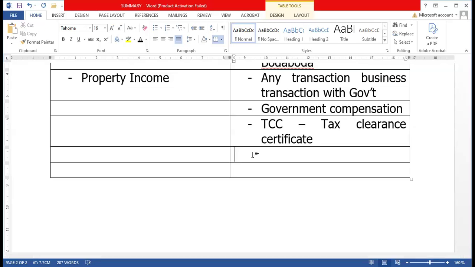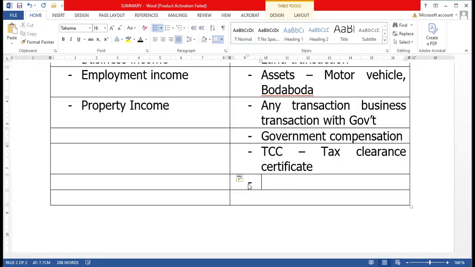It could be employment, where they ask you for a TIN. If you need a trading license from KCC, you need to present your TIN.